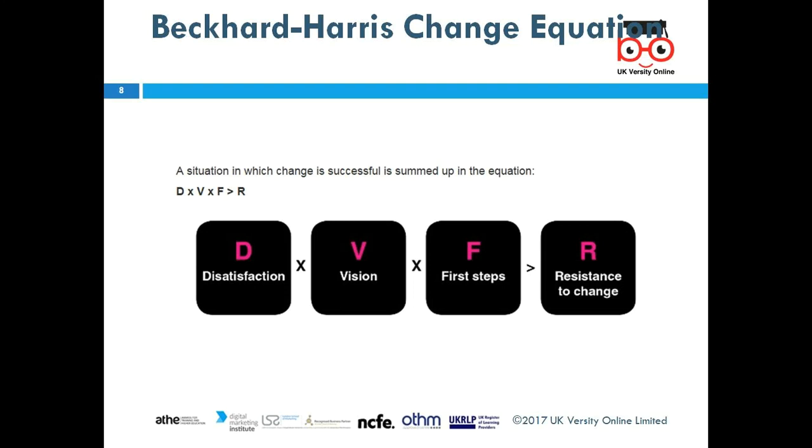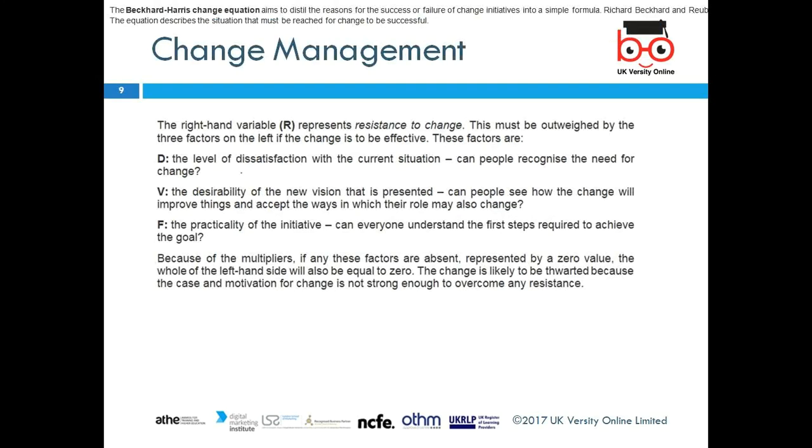So people resist, they don't want to change. Okay, so in this change management model, we need to look around. The right-hand side, R, represents resistance to change, and this must be outweighed by the three factors on the left-hand side for change to be effective. These factors: D, the level of dissatisfaction.